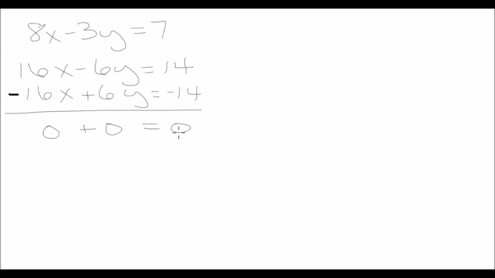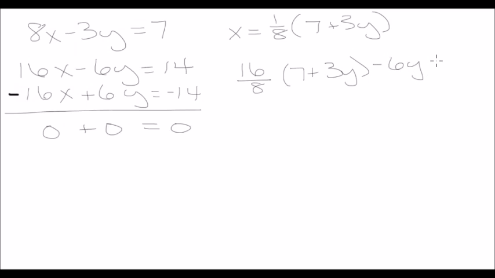If you tried to do this by substitution, it would just take you a little bit longer to get to the same conclusion. So if you said, well, let's try and get x by itself, we would get that x is equal to 1/8 times 7 plus 3y. I'd go ahead and plug that into the second equation. I would have 16/8 times 7 plus 3y minus 6y is equal to 14.